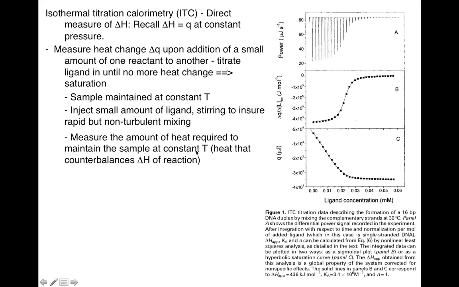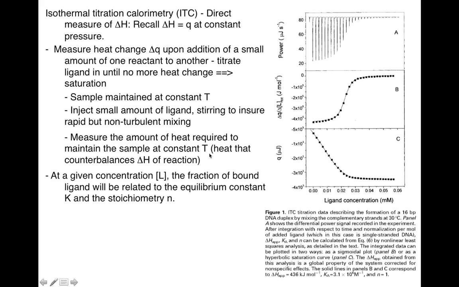So in other words, there's a heat release or absorption each time you add some ligand, and the electronics of these instruments basically maintain the sample at a constant temperature, and they can measure how much heat was needed to do that. And that's what these plots are. As you titrate in the ligand, this is telling you how much power the instrument had to use to maintain the temperature.